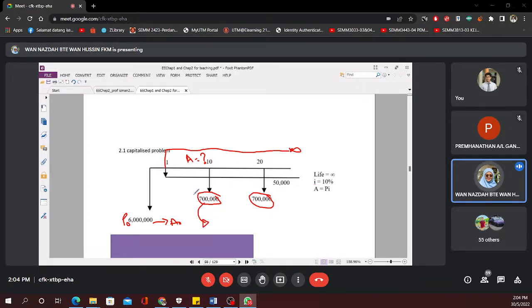What is given to you is F, and you need to determine the value of A. I can put it here as A1, where F is given. A is unknown and F is known.